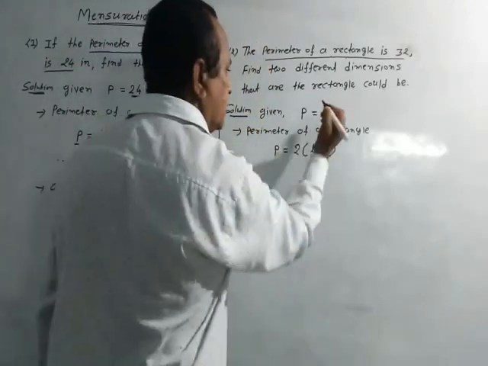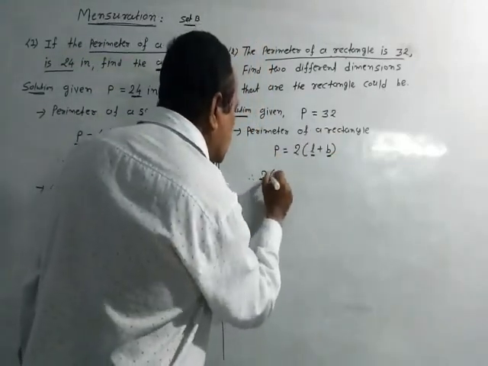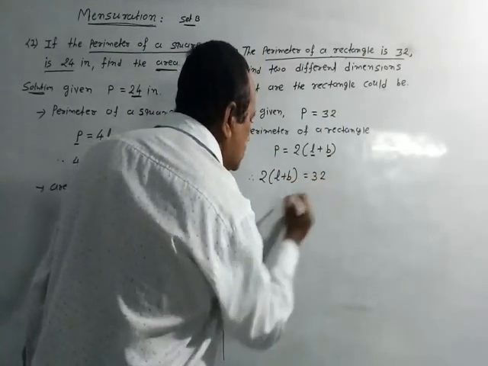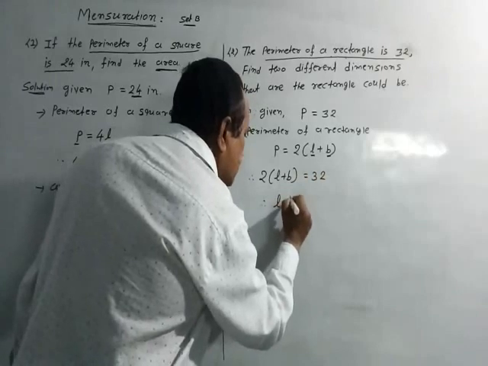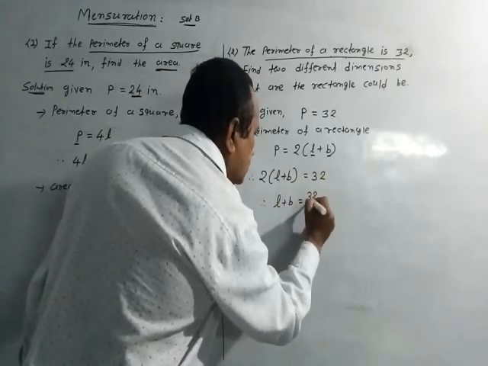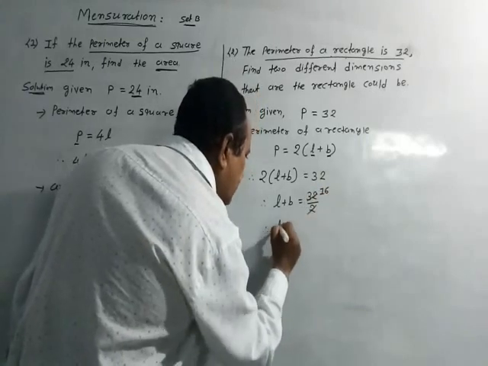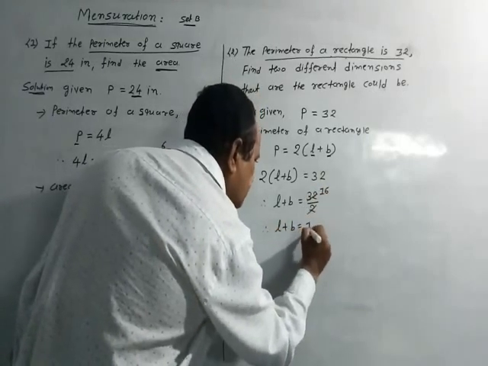So given value 32, so 2 times (L plus B) is equal to 32. Now L plus B is equal to 32 by 2, that is 16. So L plus B is equal to 16.